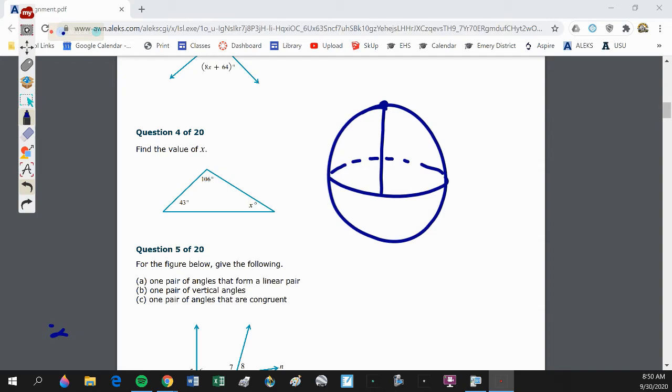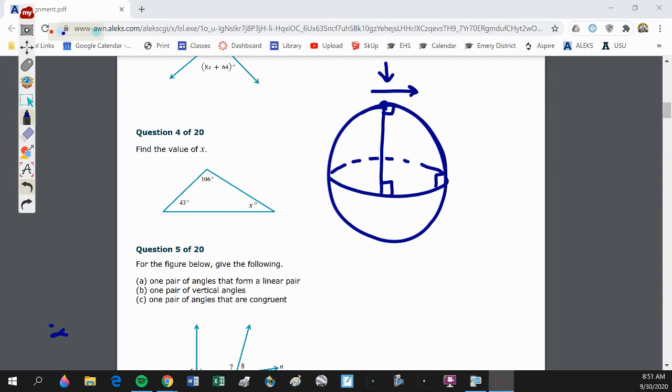So you are pointed this way, and I am pointed this way. And so I walk to the equator. So the angle between us is a right angle. When you hit the equator, the angle created by you and the equator is a right angle. But when I hit the equator, the angle created between me and the equator is a right angle.